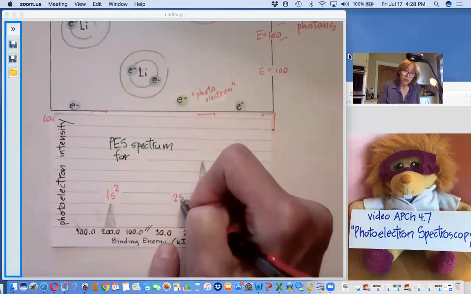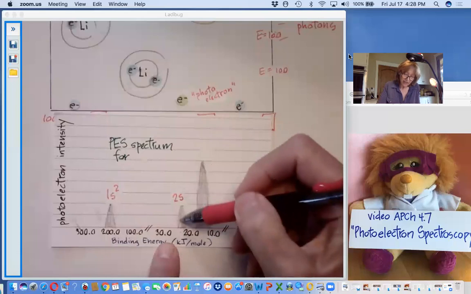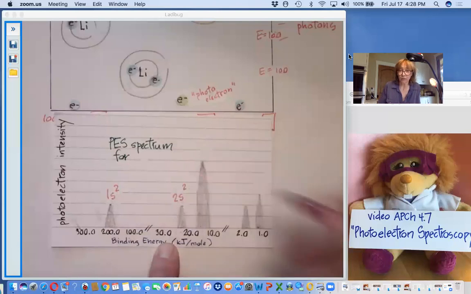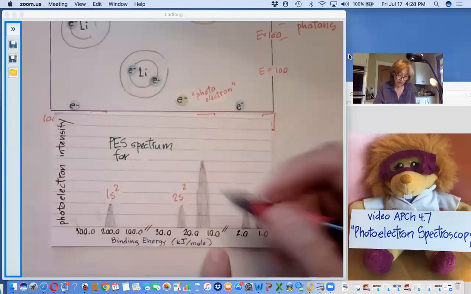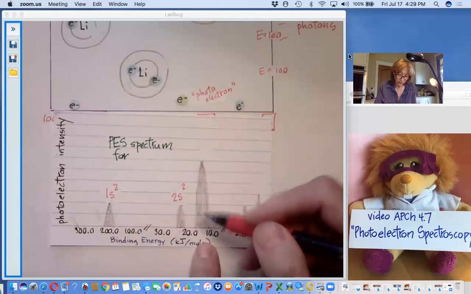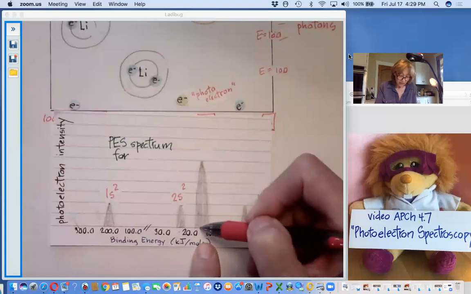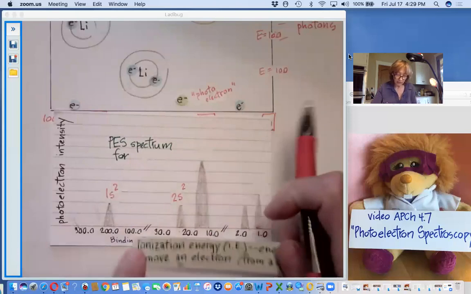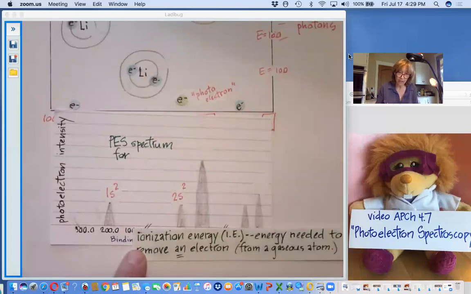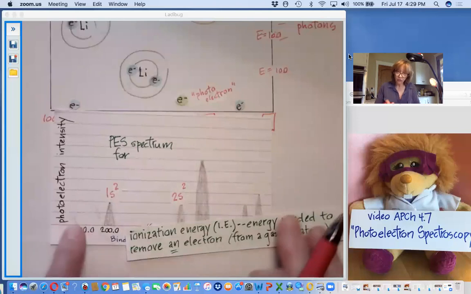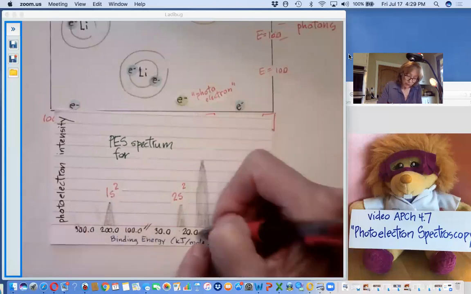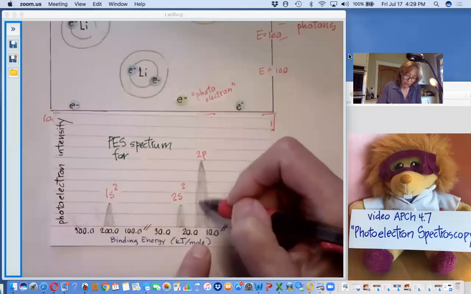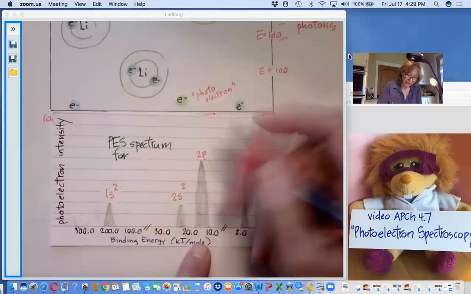This would represent 2s. Notice the intensity of the peak is the same size. So 2s2. And then we have another peak showing electrons held with even less binding energy. In other words, the energy needed to remove them is smaller. This would be 2p, and it is 1, 2, 3, 4, 5, 6 for the intensity.